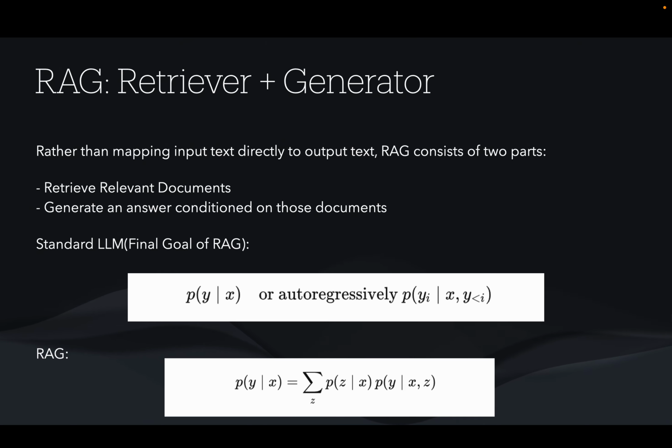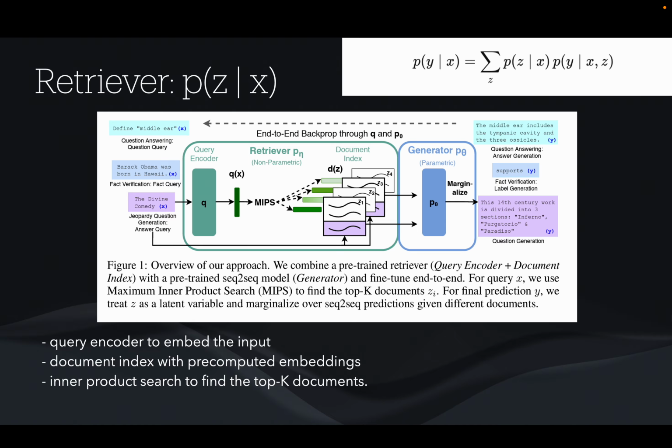Now let's unpack the retriever part. The retriever is modeled by probability of z given x. It has several different components inside it. First, a query encoder to embed the input. So input goes through the query encoder to produce q of x. And then a document index part with pre-computed embeddings, so that there are lots of z1, z2, and zn.